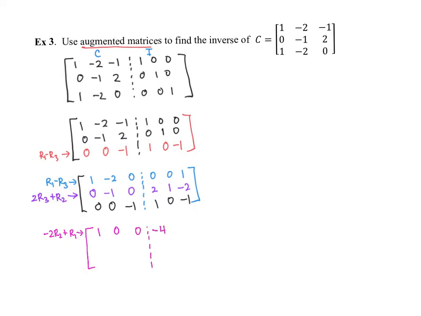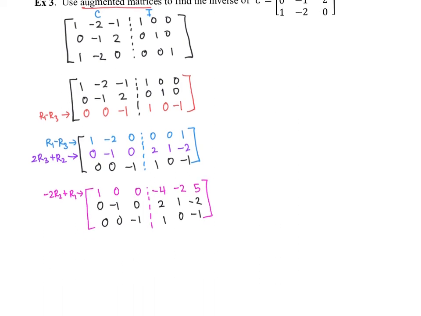Negative 4 plus 0. Negative 2 plus 0. 4 plus 1. Okay, now I kept the second row the same. And the third row the same, although really I could have probably canceled the negative on the same step if I wanted to be super efficient, but I'm okay with not being super efficient.